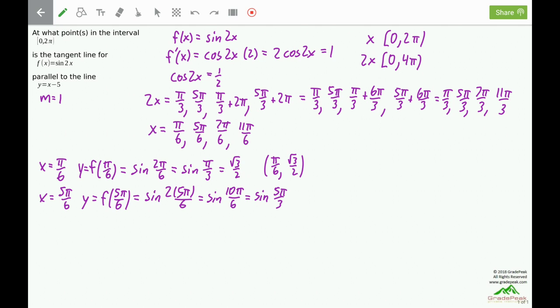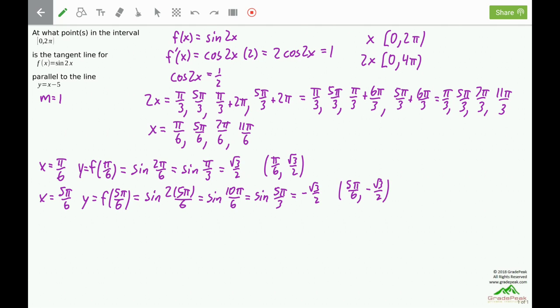And the sine of 5 pi over 3, which is in the fourth quadrant, is negative root 3 over 2. So I have an x-coordinate of 5 pi over 6, and a y-coordinate of negative root 3 over 2.